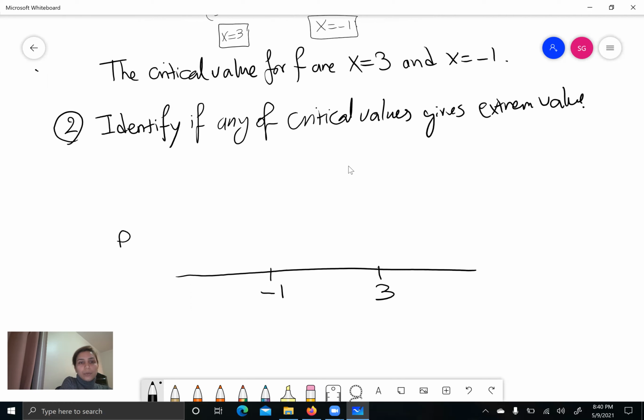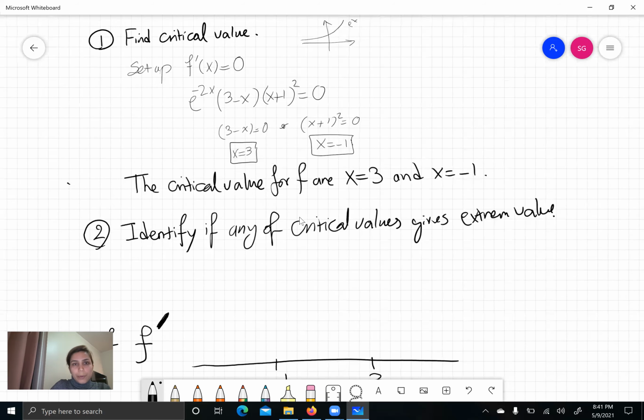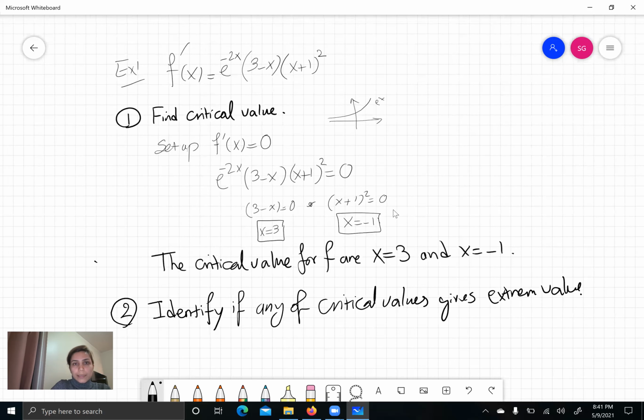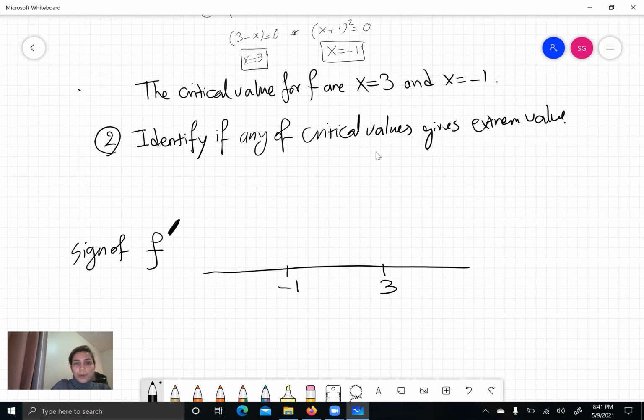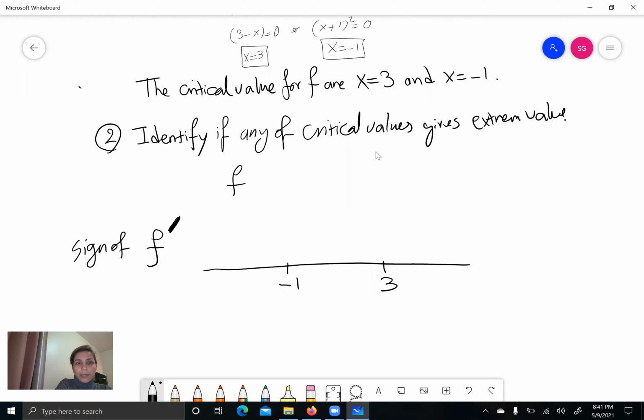But what I need to look at is the sign of the derivative around these points, the sign of f prime over these intervals. So this is f prime. I'm going to repeat it here.